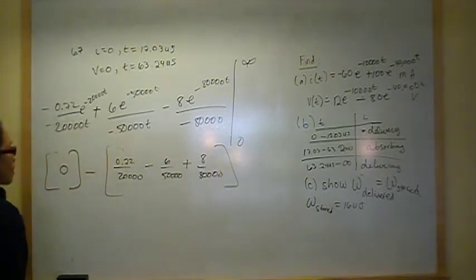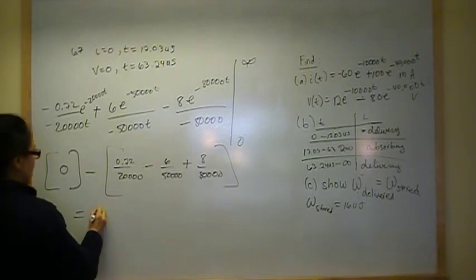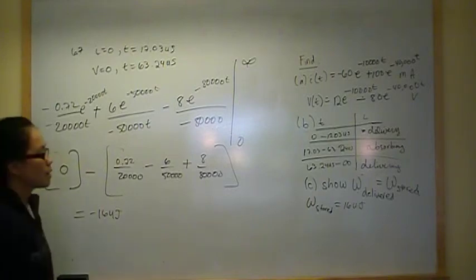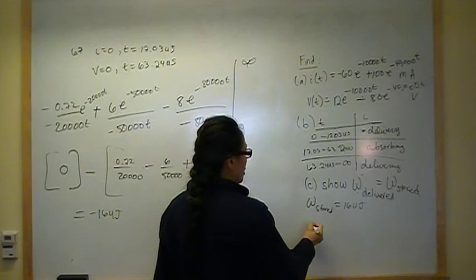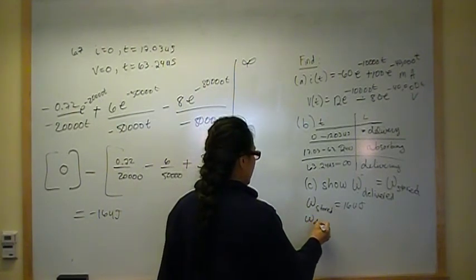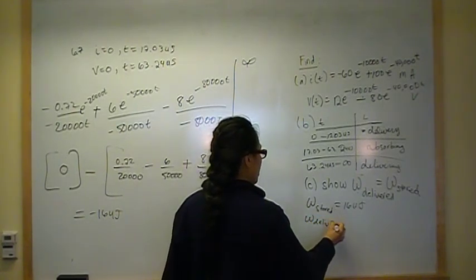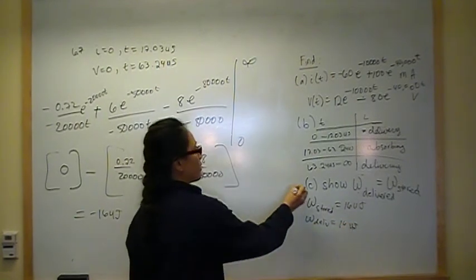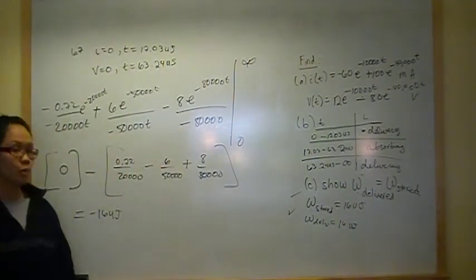Now, when you do that math, you're going to come up with negative 16 microjoules, which means over time, 16 microjoules worth of energy will be delivered to the circuit. So therefore, energy delivered is 16 microjoules. So energy delivered is equal to energy stored, and there's your proof.